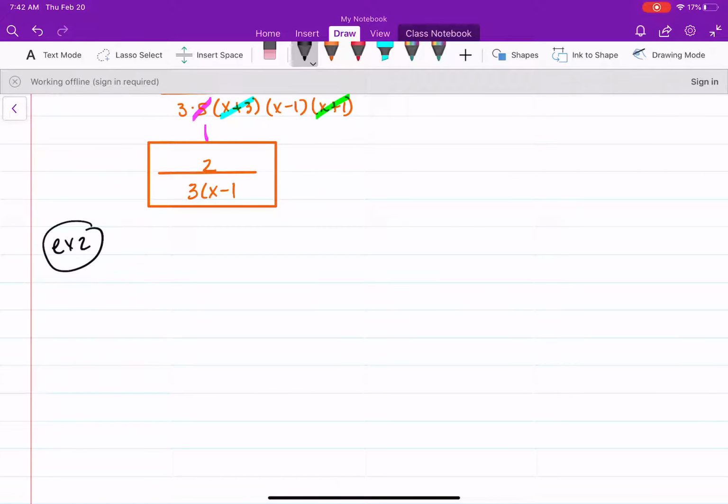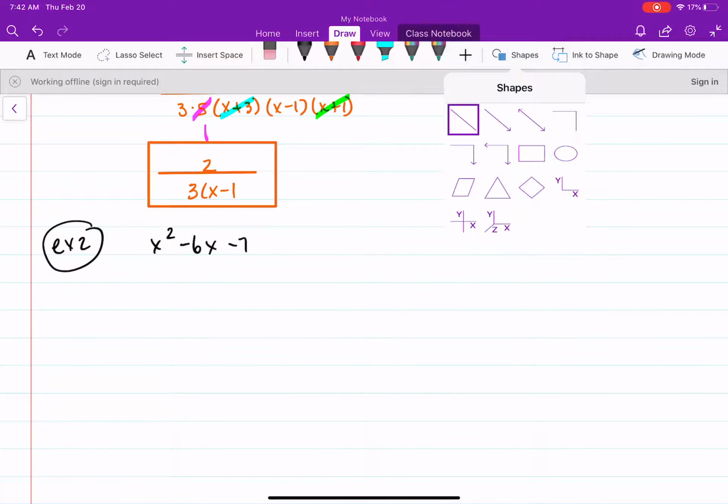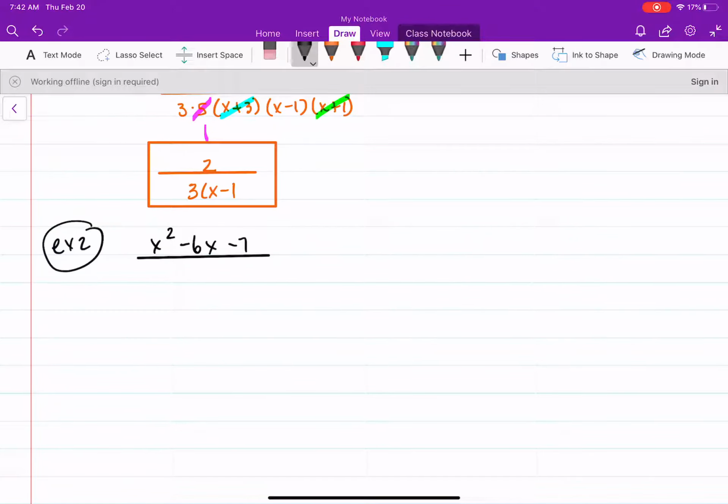Let's try this one. x squared minus 6x minus 7, over 3x squared minus 147, times x squared plus 14x plus 49, over 2x squared plus 16x plus 14.